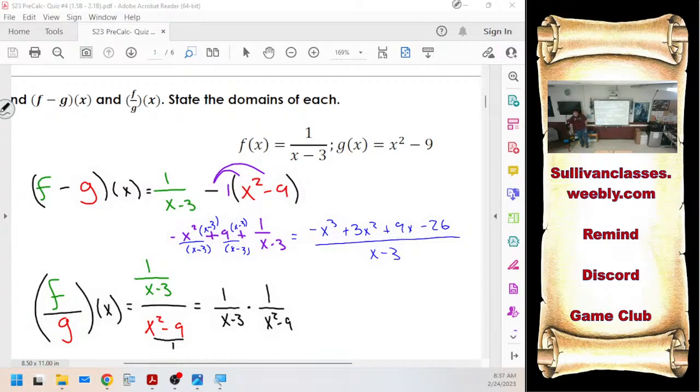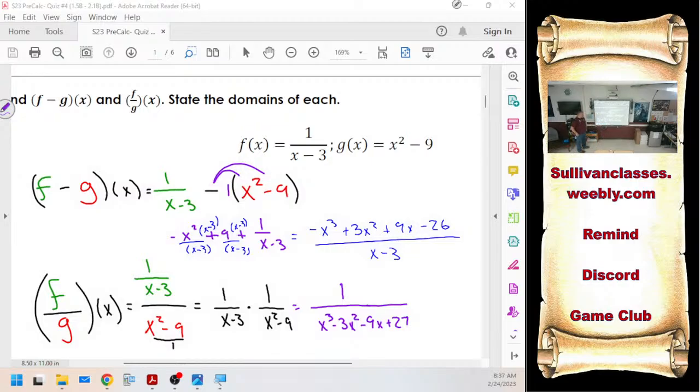Now I need to distribute on my denominator, combine like terms where possible. Getting 1 over x cubed minus 3x squared, what's that, minus 9x plus 27. Who do what? You just times the lines.